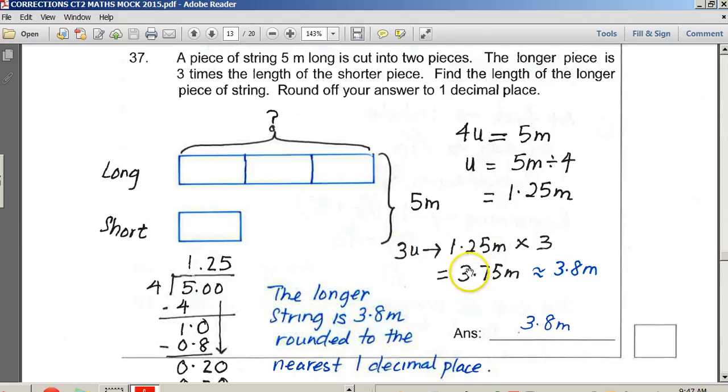You get the answer 3.75. But remember, read this part here. It says I need a 1 decimal place answer. It means it cannot be 3.75. To round off to 1 decimal place, 75 is nearer to 80, so it is rounded off to 80. So 1 decimal place means 3.8, not 3.80.